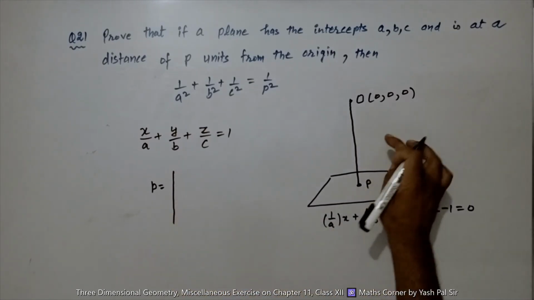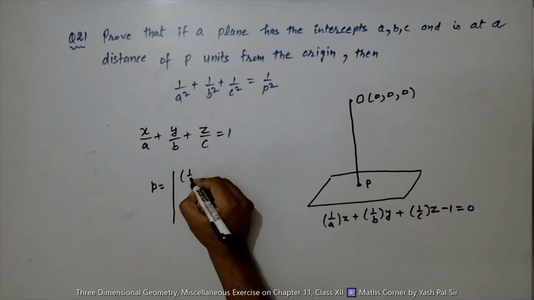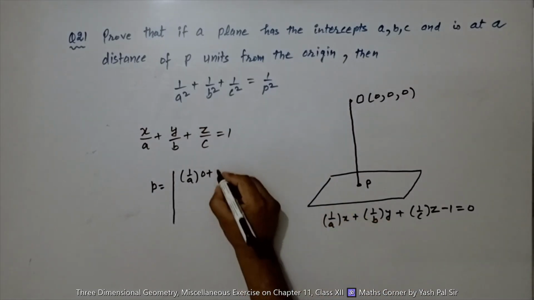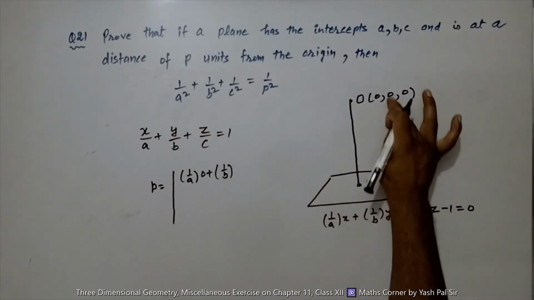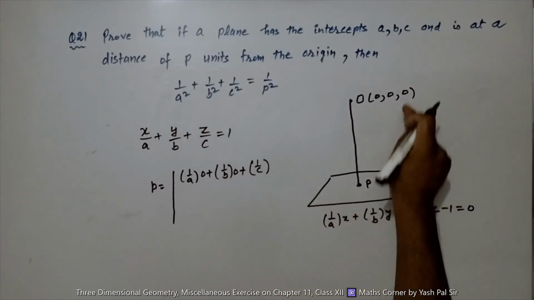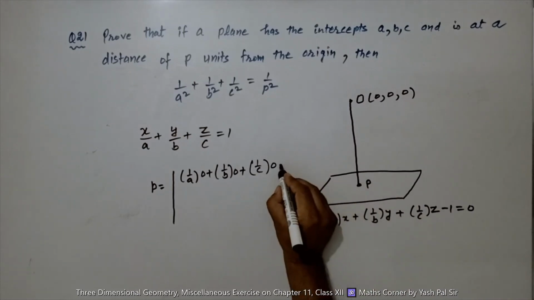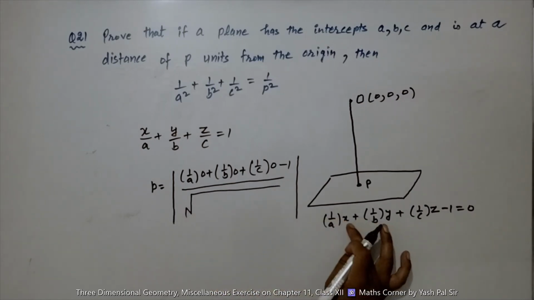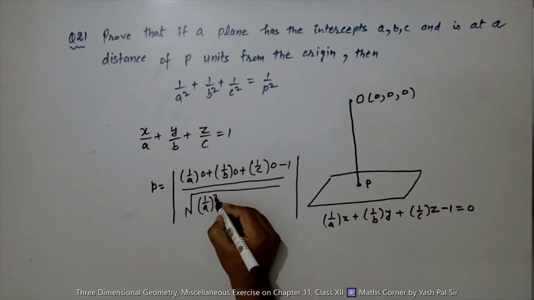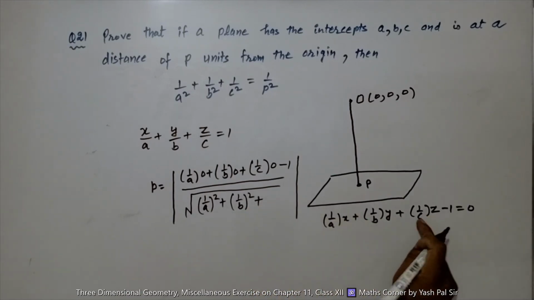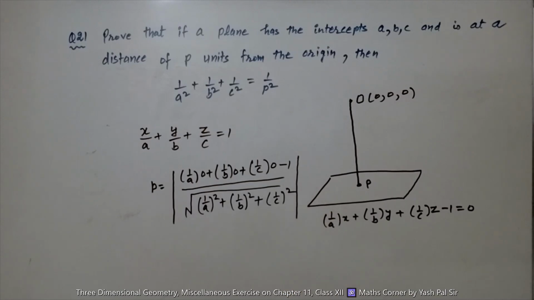This is equal to modulus of coefficient of x, 1/a, times 0 in place of x, plus coefficient of y, 1/b, times 0 in place of y, plus coefficient of z, 1/c, times 0 in place of z, next is minus 1, whole divided by square root of (1/a)² plus (1/b)² plus (1/c)², right?